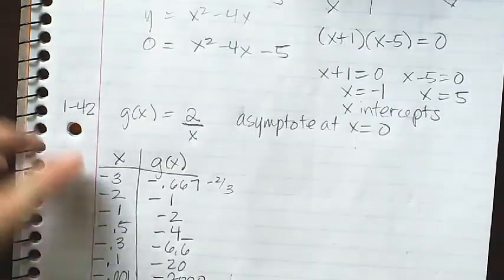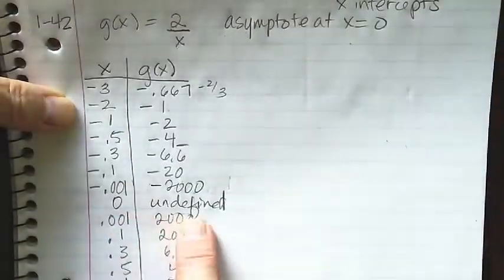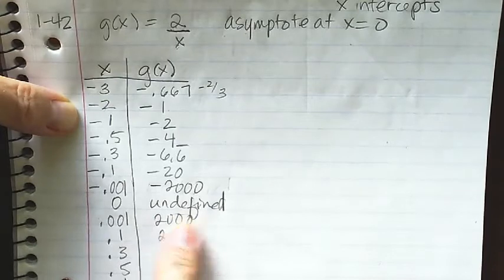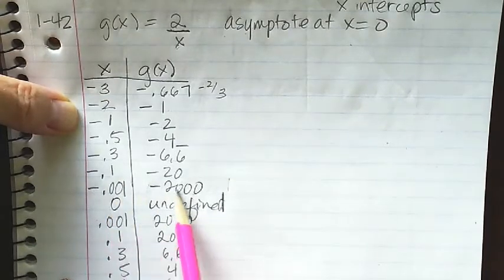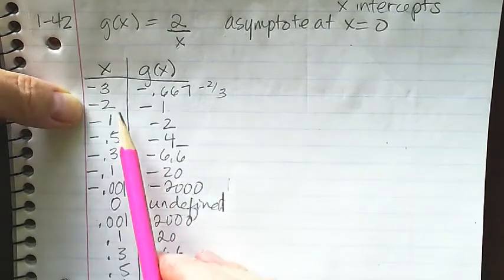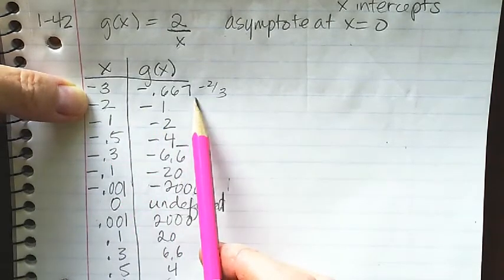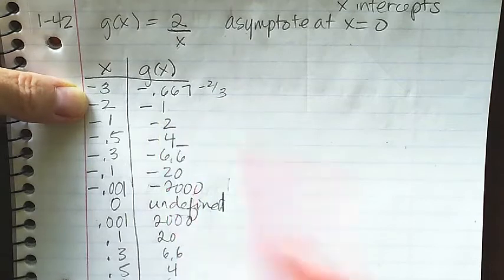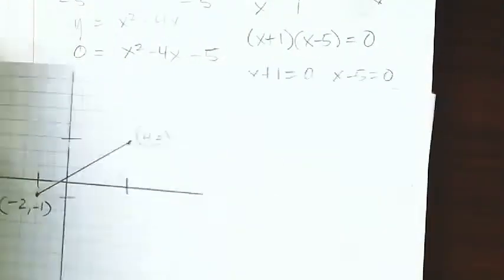Okay, so I'm looking at this, and I know I have an asymptote at 0. I'm thinking about that. I know as it gets closer and closer to that asymptote, it's going down towards -infinity. I got a point at -3, -2/3, -2, -1. So I'm kind of just mapping this out, how I'm going to fit it on the graph paper.